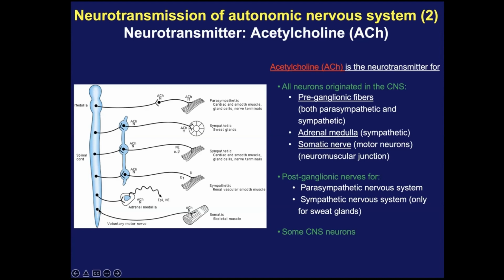The somatic nerve directly connects with the skeletal muscle, and it also uses acetylcholine to regulate the skeletal muscle contraction.